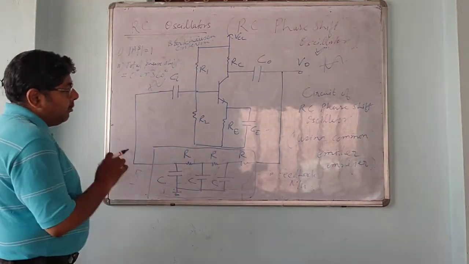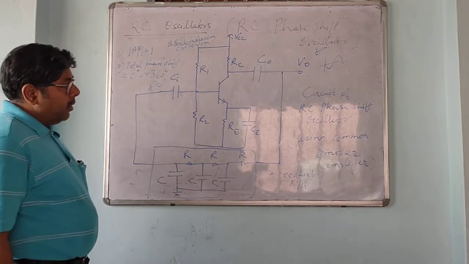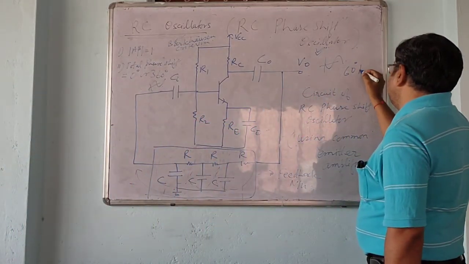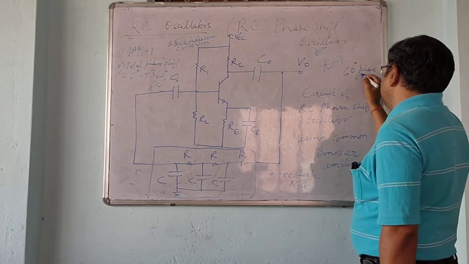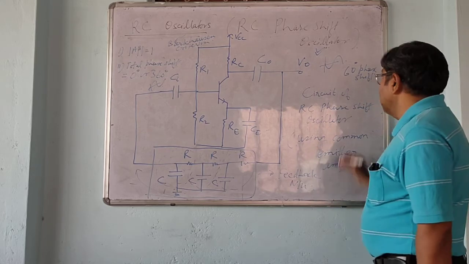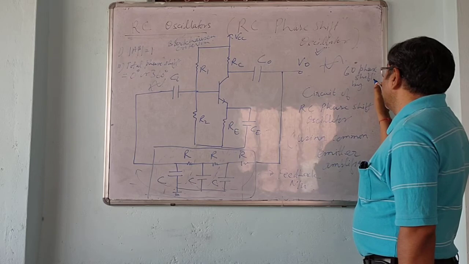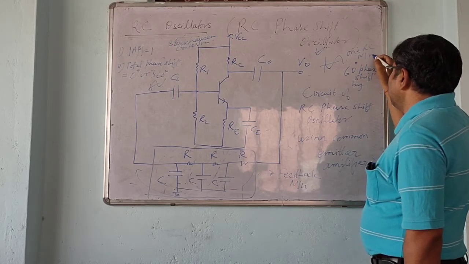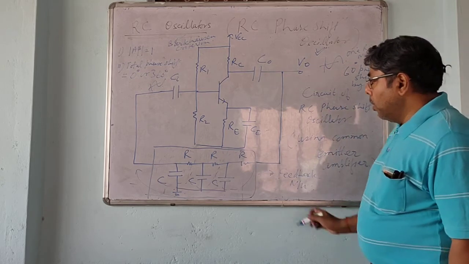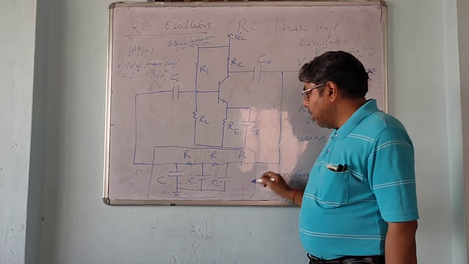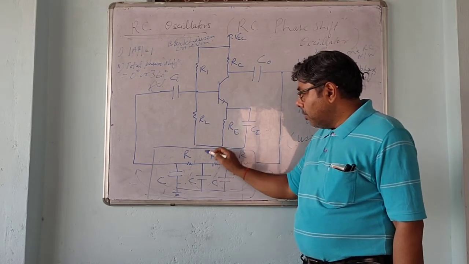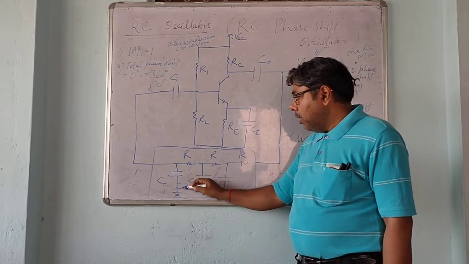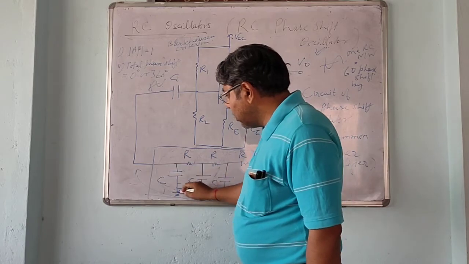So this phase shifter is designed to provide 60 degree phase shift by one RC network. So one RC network provides 60 degree, a further RC network provides the next 60 degree, and the last one provides the next 60 degree.